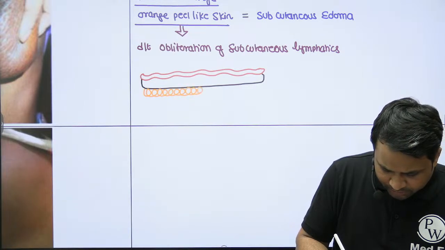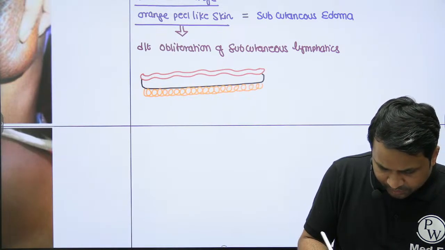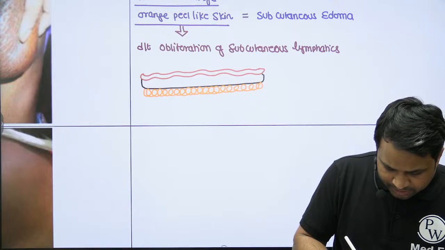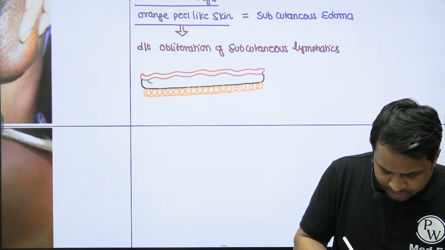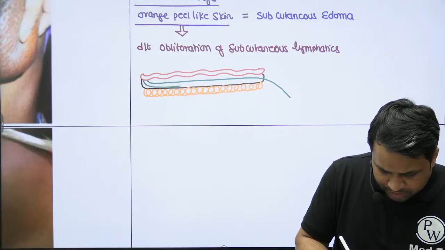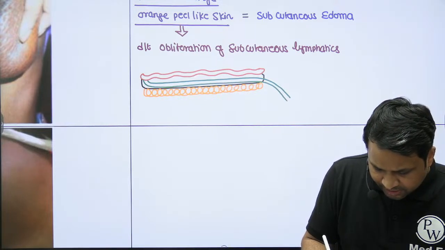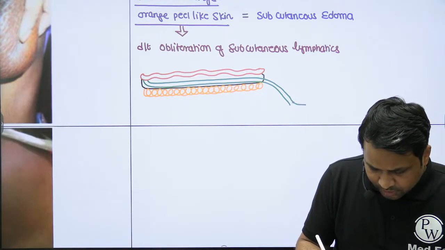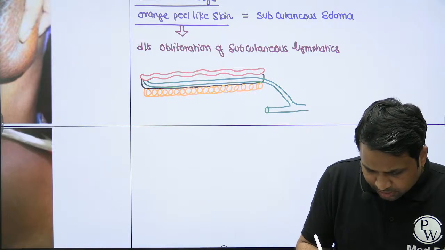Now imagine that this is the lymphatic channel, which is going to drain the lymph from this particular subset of the skin. This is going to drain into a bigger channel.